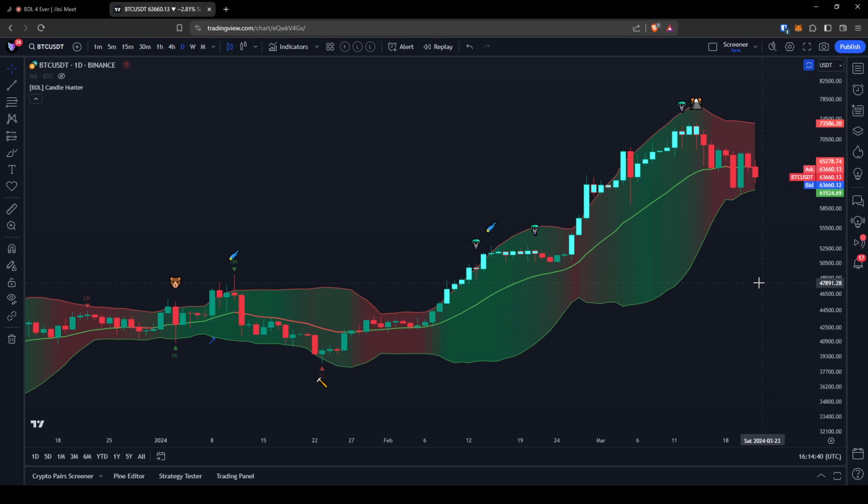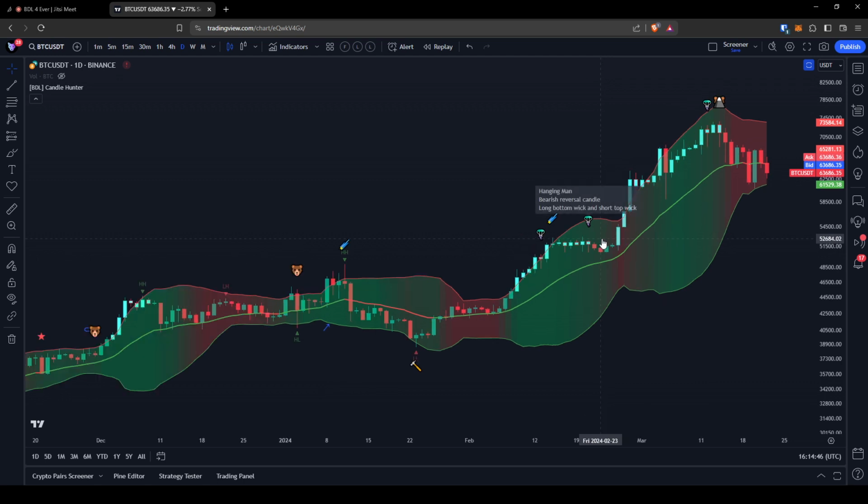I'm not sure, but the 21 EMA also works great. And you see the last part of the Bollinger Band squeeze, where the bands were really close together. This was a great example.